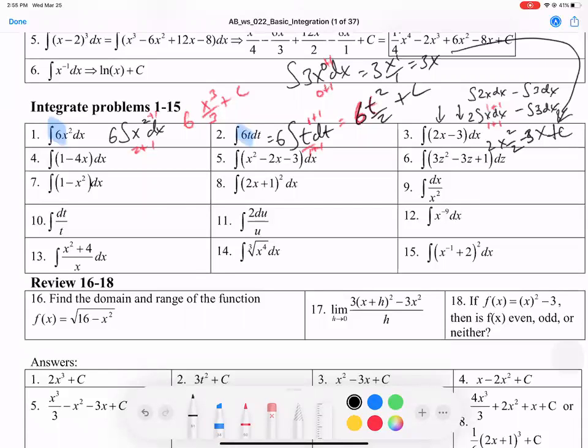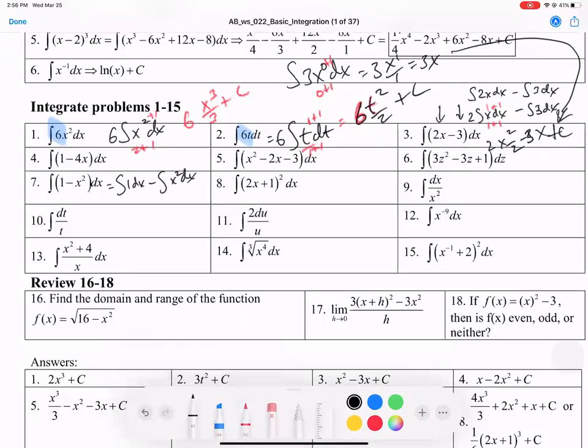So looking at these problems again, all these basic integrals, we're just using the power rule a lot of times. If I pick number 7, it looks a little harder, but it's not actually any different. This is really two separate integrals minus the integral of x squared dx. And we mentioned the integral of a constant 1.